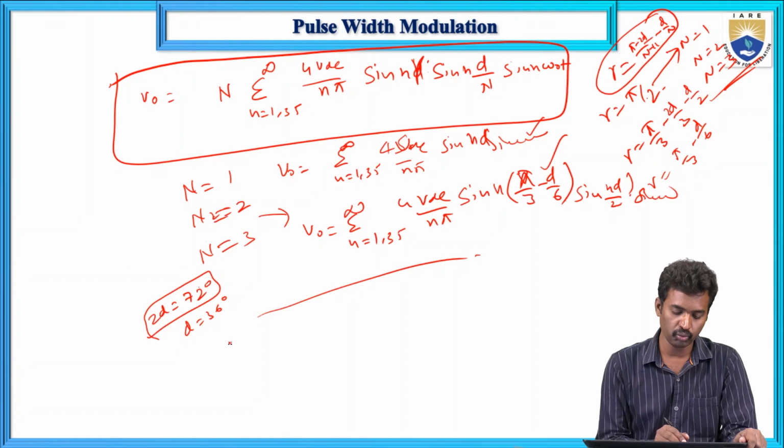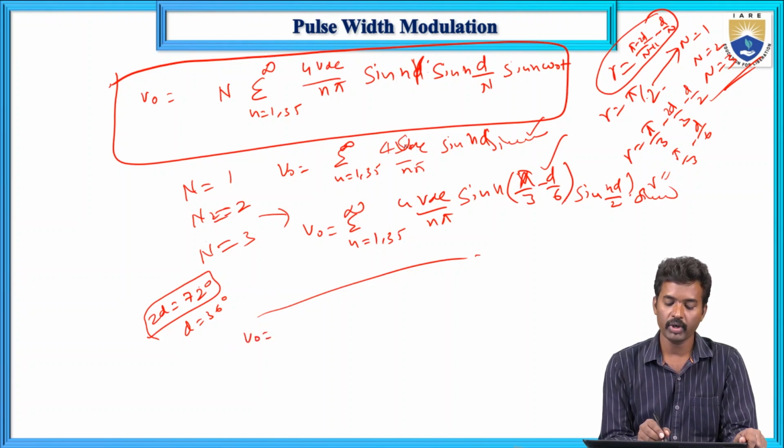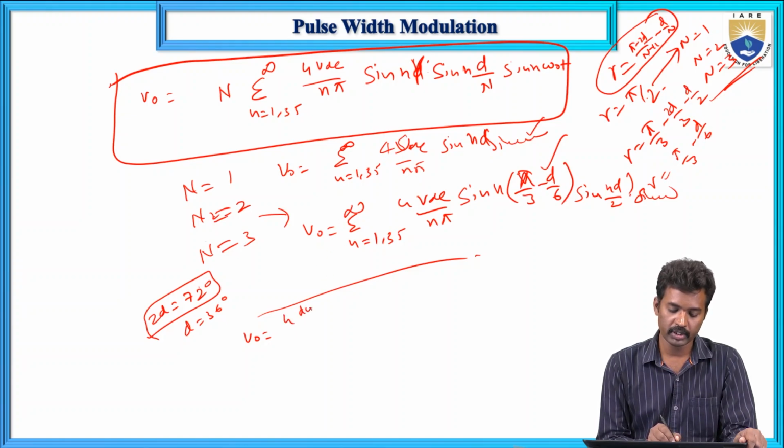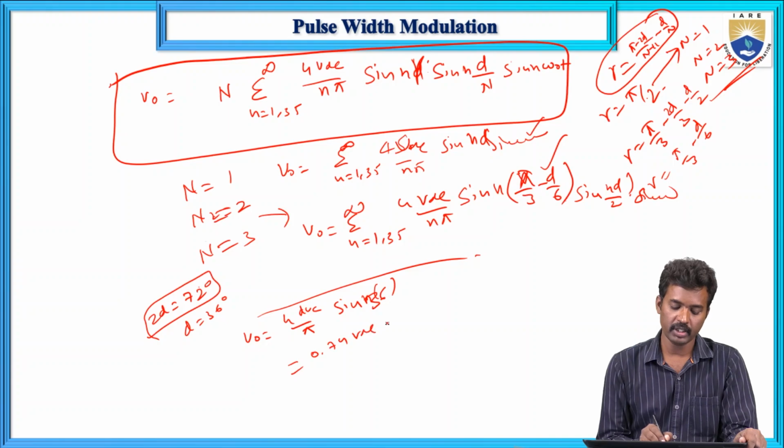For n equals 1, what value of V0 do you get? For the fundamental, 4VDC/π sin(36°) equals 0.74 VDC. This is for n equals 1 only.